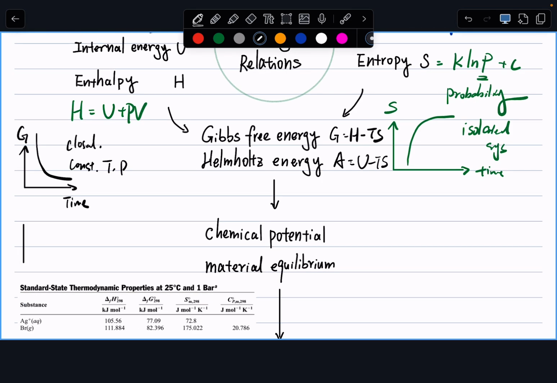Alternatively, if we're focusing on the Helmholtz energy, we have the same kind of relationship, but now this is closed, constant temperature and volume. All right, so the Helmholtz energy always decreases until we reach that material equilibrium at the end of the curve.